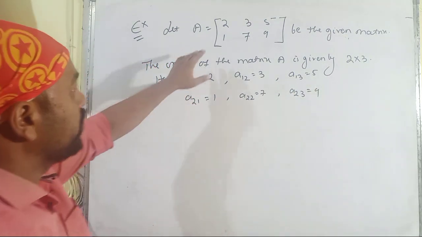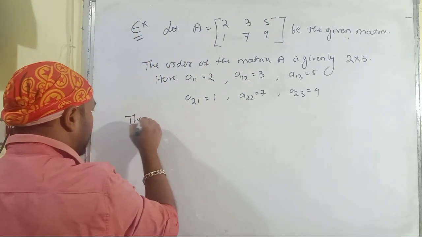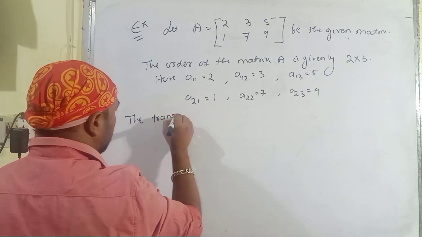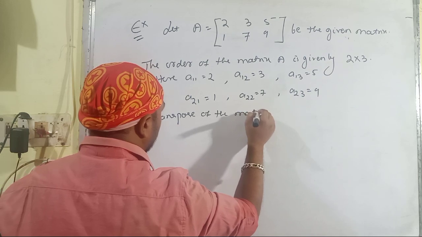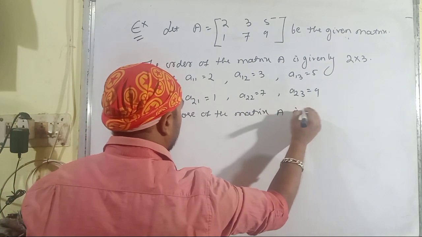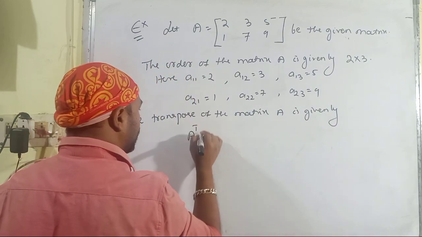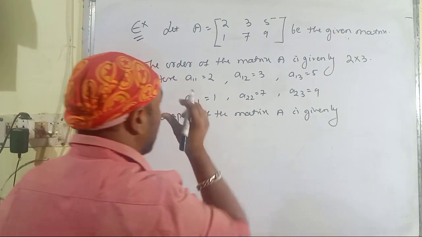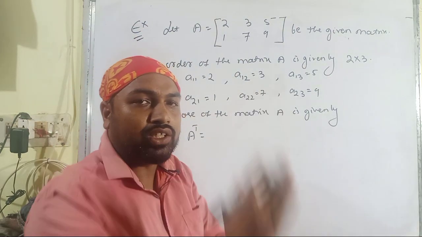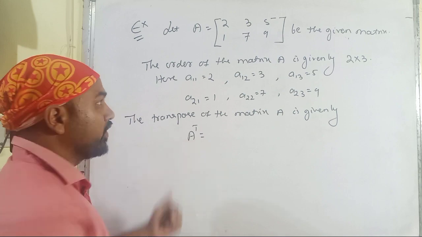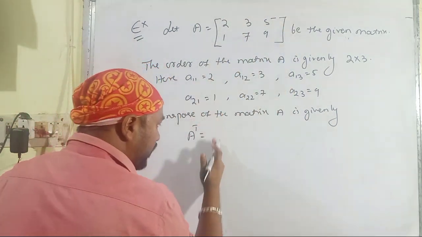Then we have to find the transpose of the given matrix A. The transpose of the matrix A is given by A transpose, where the first row of the given matrix A will be placed in the first column in the transpose of A. So 2, 3, 5, the first row will be converted to the first column.